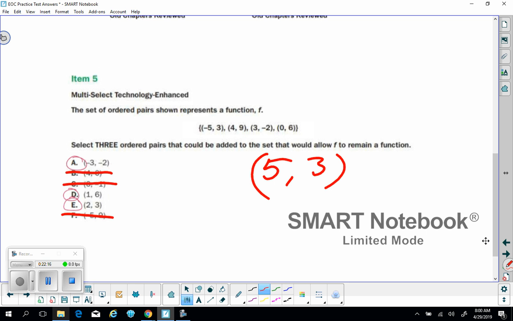Raise your hand if you think yes, it would keep it a function. Raise your hand if you think no, it would make it not a function. Well, only 2 people raised their hand, but those 2 people were correct. This x, even though there's a -5, that doesn't matter. I'm only looking for a +5. There's not a +5 in that list. Therefore, it would still be a function.